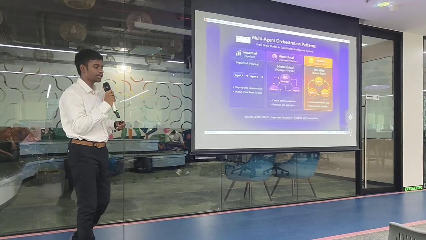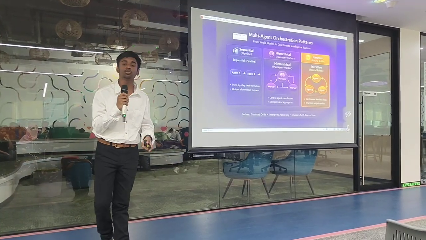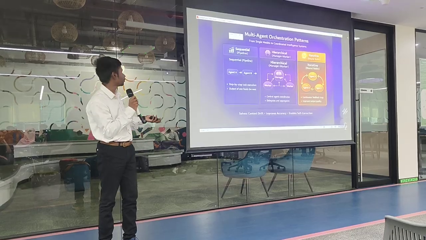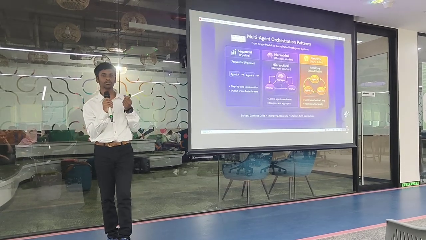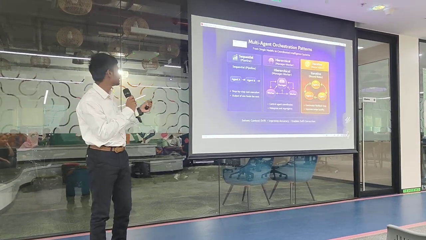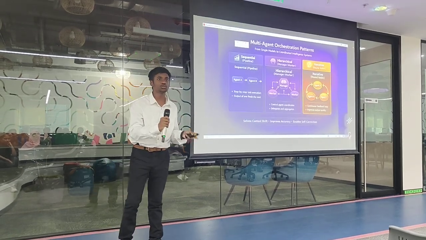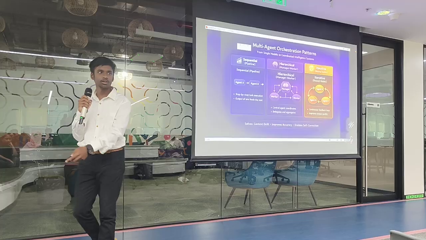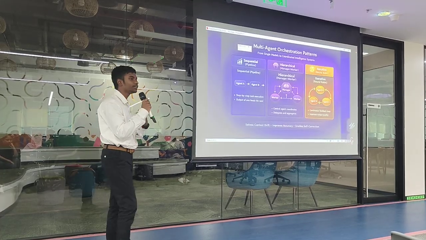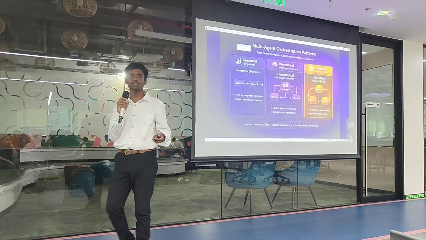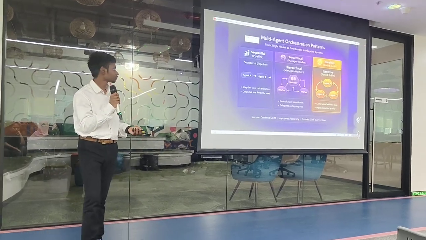Now, as we scale from single agents to multiple agents, in companies we see three major flows. The first one of the multi-agent flows is sequential, where the output of agent A is passed to agent B and so on. This is best when you have a defined linear chain, and the output from this is clean and predictable.